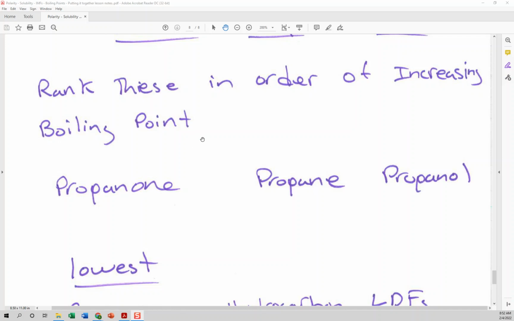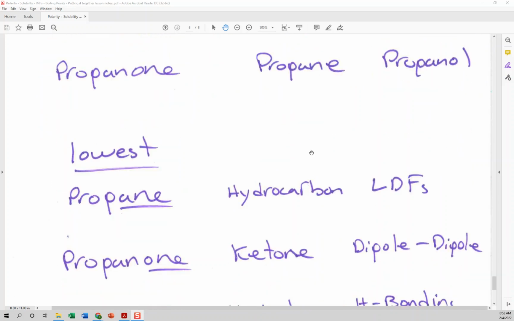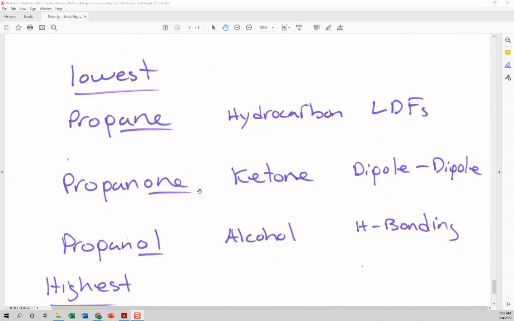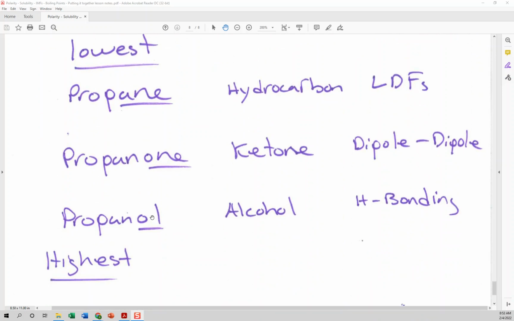So increasing boiling point, the propane would have the weakest or lowest boiling point because all it has is London dispersion forces. Then followed by the ketone because it has dipole-dipole interactions as well as London dispersion forces. And then would be the alcohol because the alcohol has hydrogen bonding and London dispersion forces. Okay?